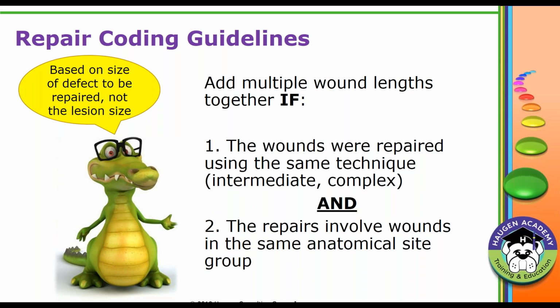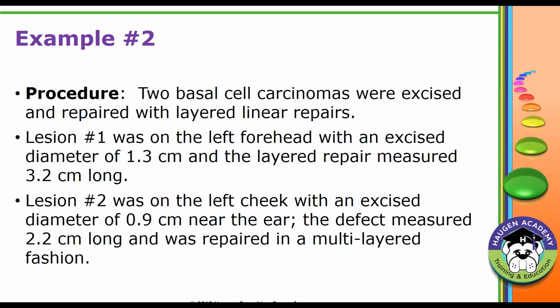So let's look at another example. In this example, we have two basal cell carcinomas. They were both excised and repaired with layered repairs. So the first lesion is on the left forehead. The diameter was 1.3 centimeters, and then the layered repair was 3.2 centimeters long.